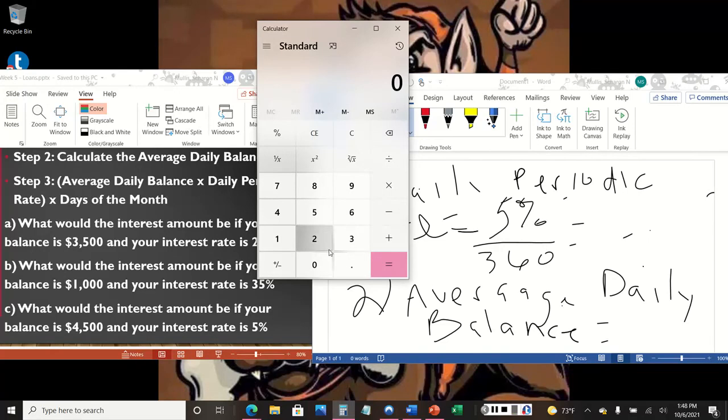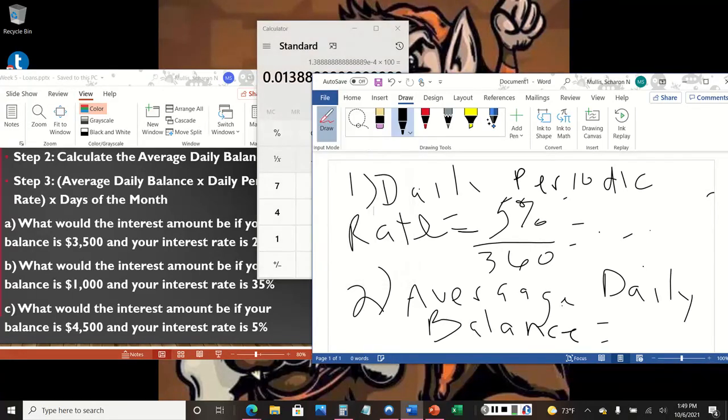So we know that 5% is equal to 0.05 divided by 360, but we have to multiply by 100 because we want to get the percentage. So it is 0.0139%. So that's what our daily periodic rate is.